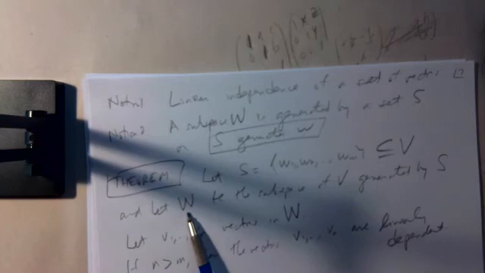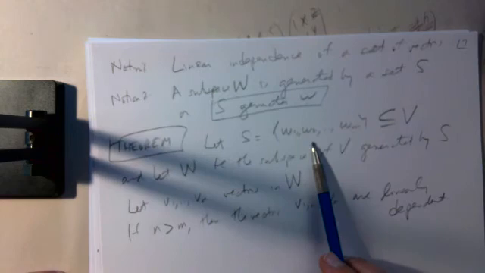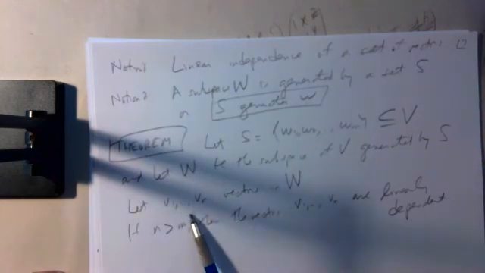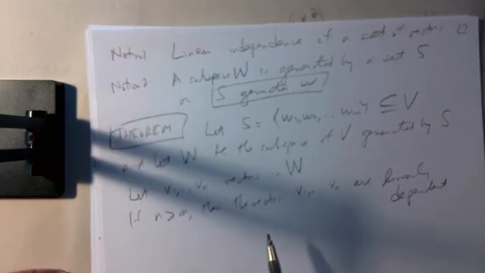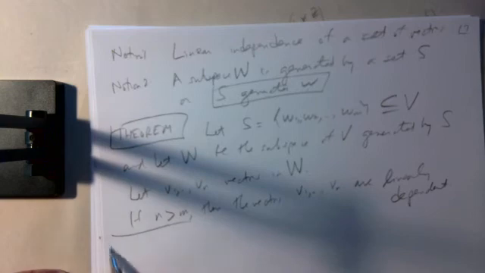So if I have m vectors that generate a subspace W and n vectors in W, if I choose more vectors than there are in the generating set, then these vectors have to be linearly dependent. And I want to do the proof carefully because this is really very, very important.